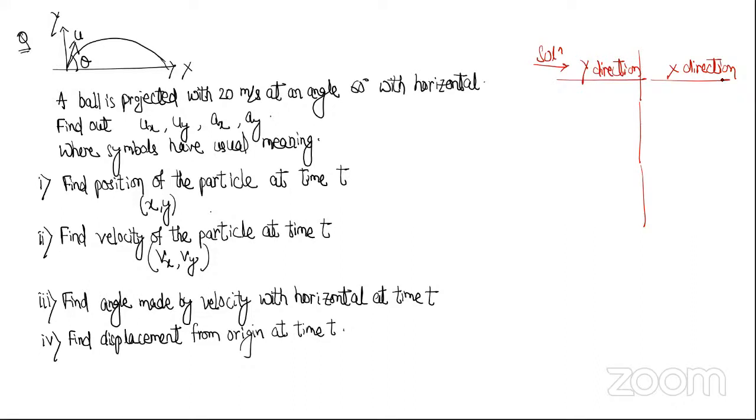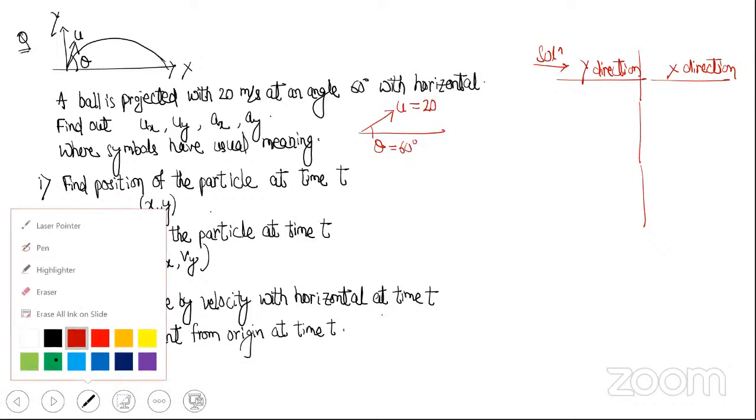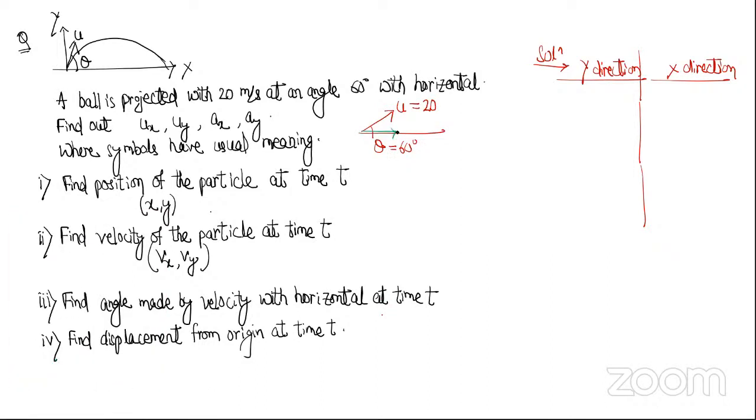So here u is like this, theta is here, u is given 20, theta is given 60 degree. So this is ux, this is uy. So first question, how much is ux?